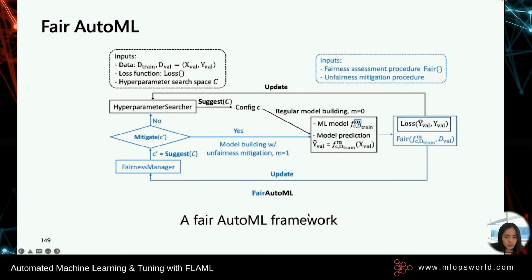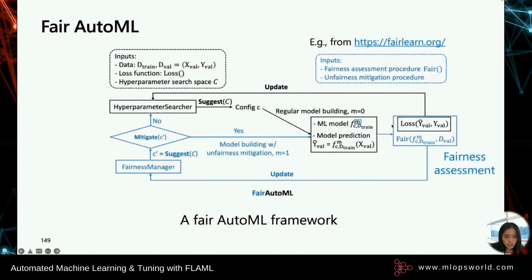In this flowchart of this framework, the components shown in black are the components from a regular AutoML pipeline. And on top of it, we enable the input of fairness assessment and unfairness mitigation. Note that you can leverage existing effort on fairness definition and mitigation. For example, FairLearn provides a very comprehensive set of existing definitions and existing mitigation techniques.